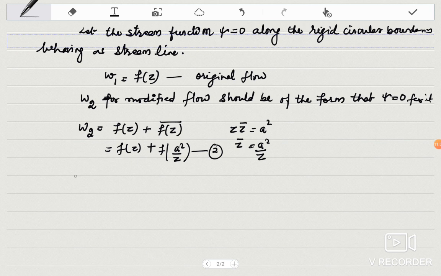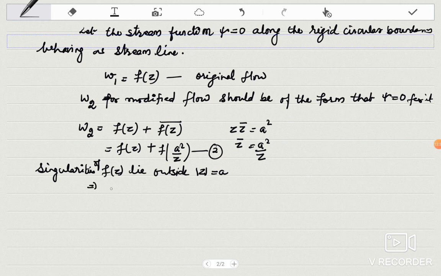Now we know that singularities of F(z) lie outside z equal to a.